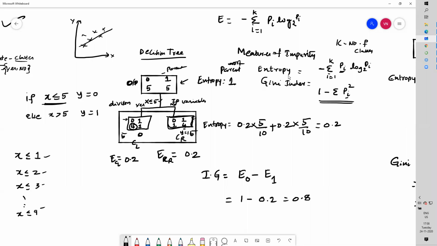So here for this example, what is the probability for the first class? 5 divided by 10, because the total number of observations in the node is 10 and 5 observations belong to the first class. So the probability for the first class is 5 by 10 times log of 5 by 10 to the base 2. And for the second class, how many observations belong to it? Again 5. So the probability of the second class is 5 by 10 times log of 5 by 10 to the base 2.